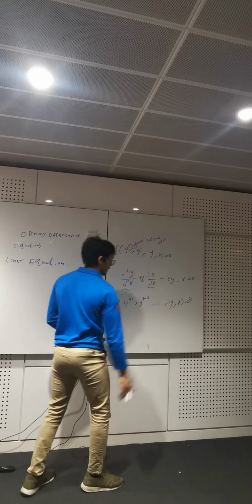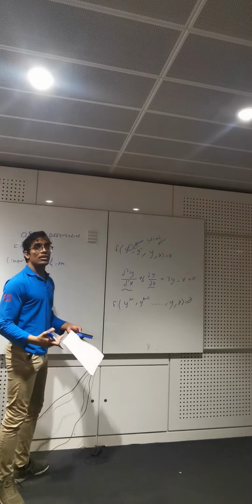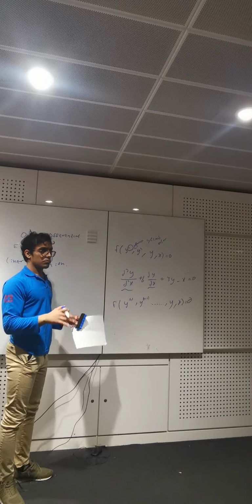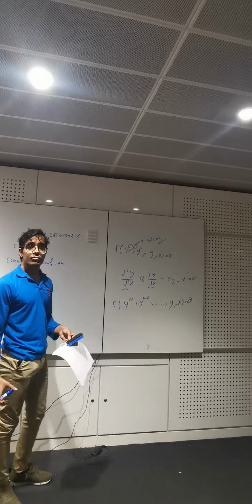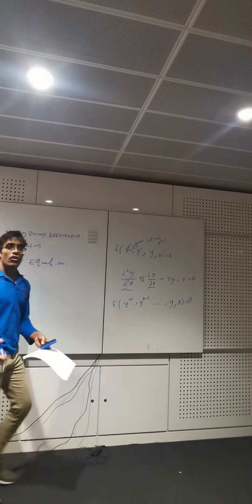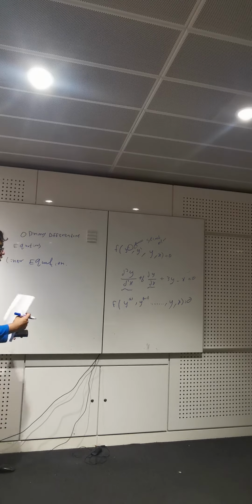What does that mean? It's linear in all of the derivatives and y. It doesn't have to be linear in x. It just has to be linear in y and all of its derivatives.